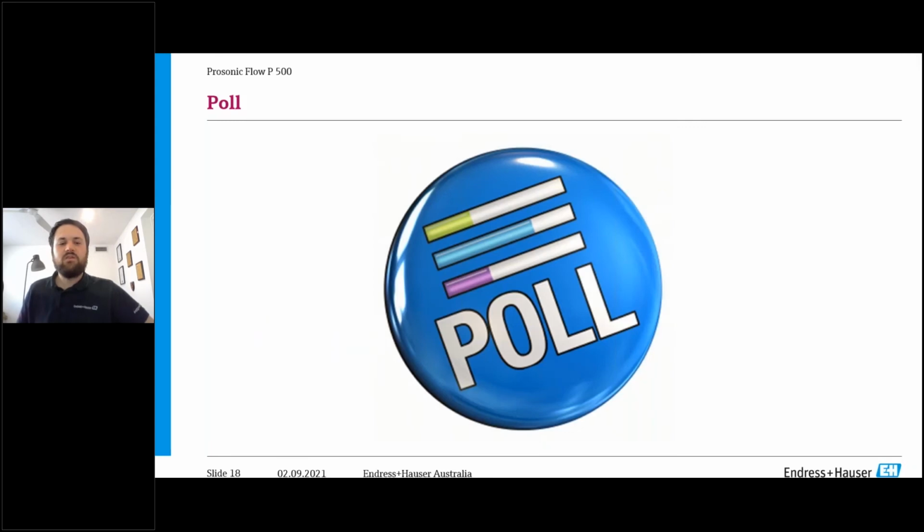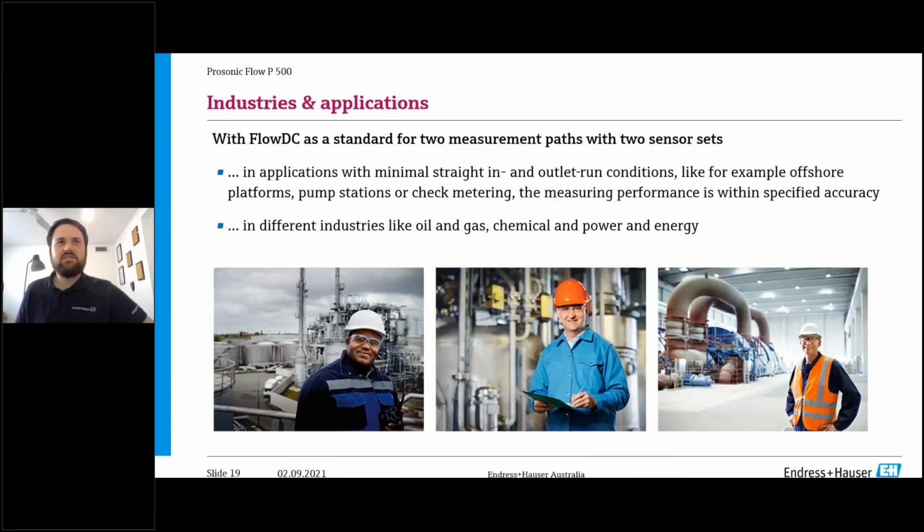Okay. So what we also said we'll do in this seminar is talk about some different applications. And with FlowDC as standard, with two measurement paths and two sensor sets, it really means that the applications are much more flexible now for a clamp-on ultrasonic meter than previously in the past.